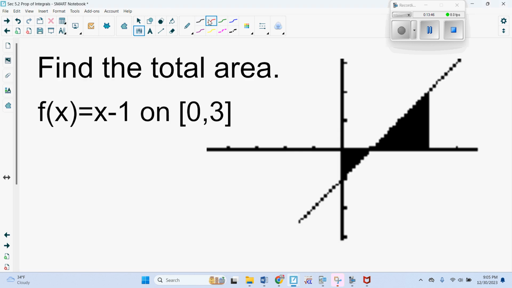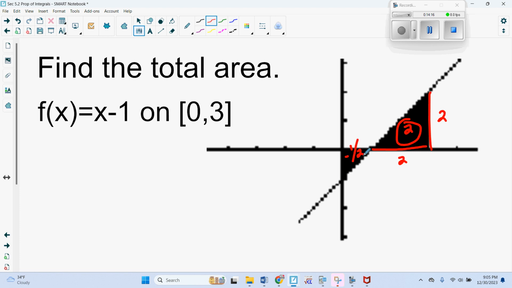Find the total area of x minus 1 on 0 to 3. So here's our graph. So we have 2 triangles. Now, let's find the area of our 2 triangles, this is 2 by 2. So this whole area is 2. This area is 1 by 1.